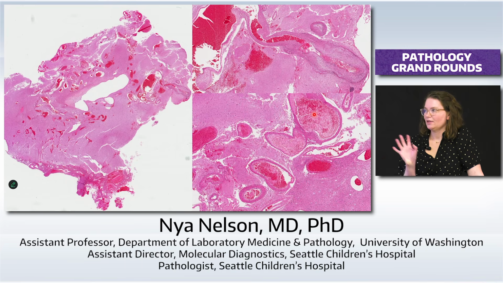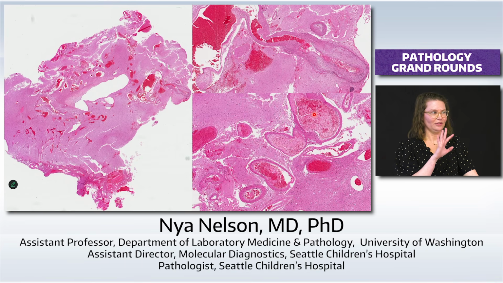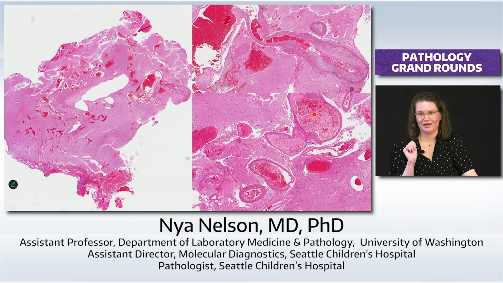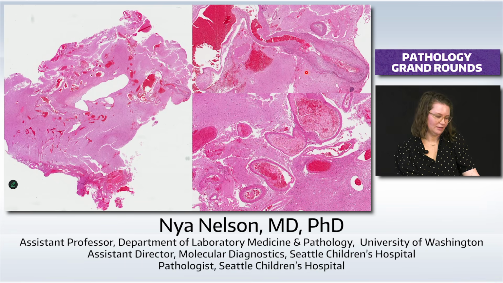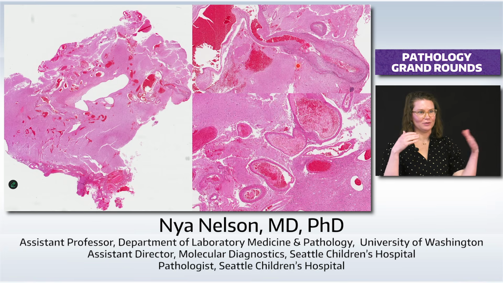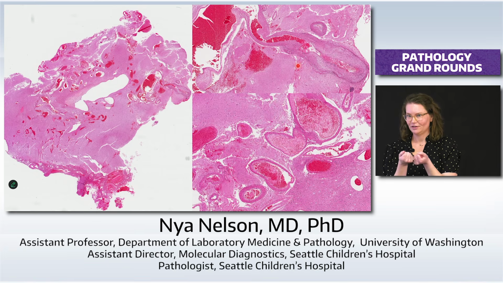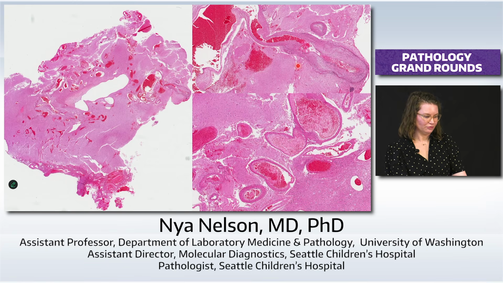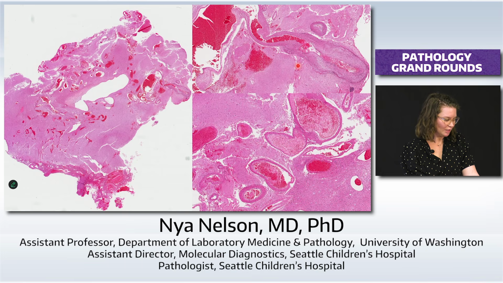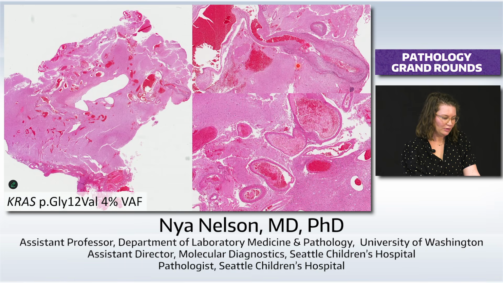And if you were to do an elastin stain, you would see that the internal elastic lamina kind of comes and goes within that vessel. And so that's evidence of abnormal shunting. And this is a vessel that has a direct connection between an artery and vein without an intervening capillary bed. And that results in turbulent flow and that intimal fibrosis that you can see. And when we sequenced this lesion, we found a KRAS codon 12 variant.